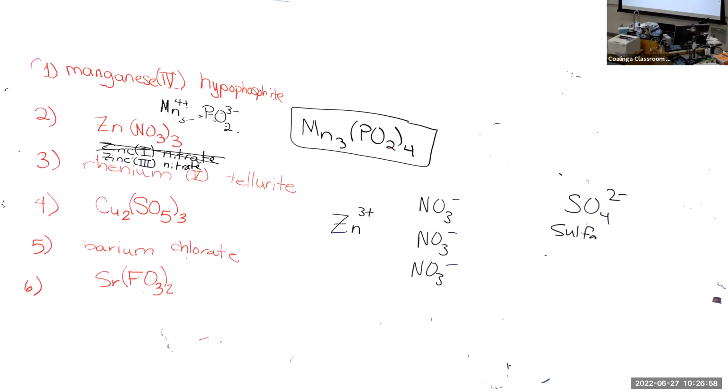So if we have TeO4 2 minus, what do you think that's going to be called? Tellurate. Okay. So if I want tellurite, what should it be? A 3.